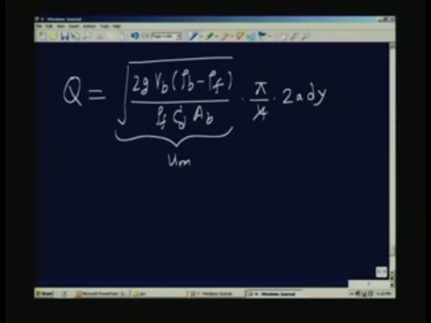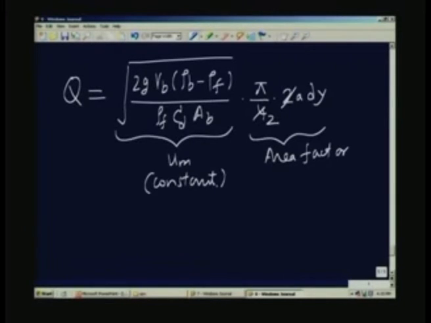Of course, this 2 will cancel off with this 2, so it will become pi a D y divided by 2, multiplied by this, which is actually the area factor. This is the velocity factor, this is constant, and therefore you can see this is also a constant; a is a constant, pi is a constant, 2 is a constant.